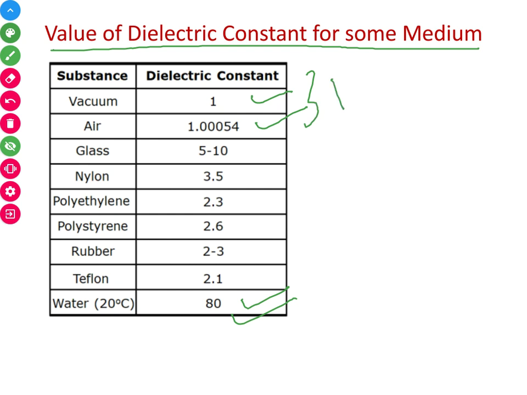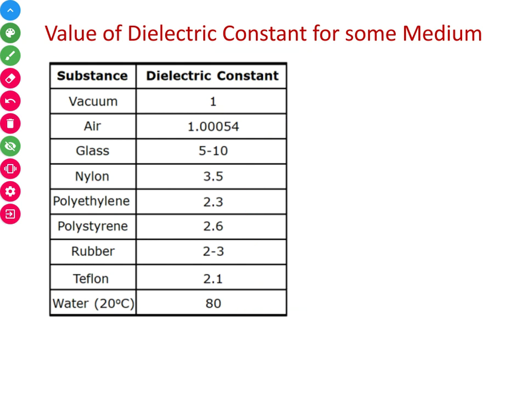From this table we can find out that if two charges q1 and q2 are placed in the medium air, then the value of k is equal to 1.